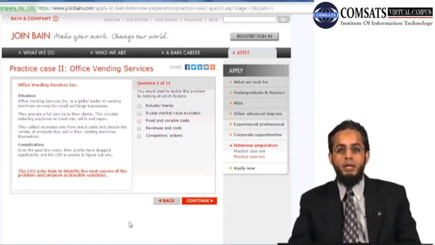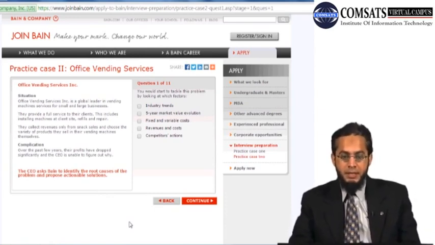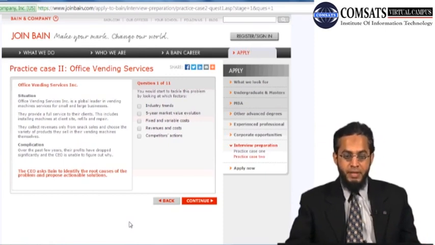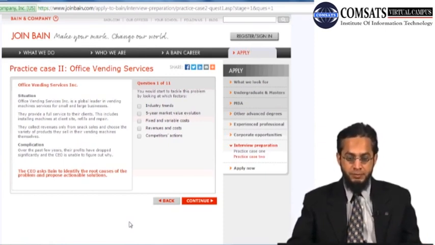Now, question number one: you would start to tackle this problem by looking at which factors. Now the first question asks you, how are you going to start looking at this? The first choice given is industry trends, then the 5-year market value evolution, fixed and variable costs, revenues and costs, and competitors' action.